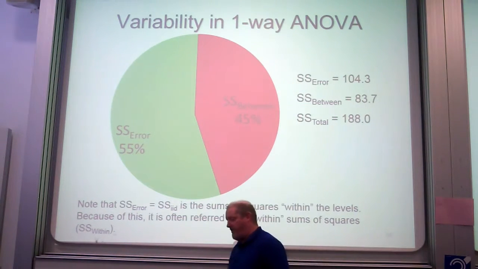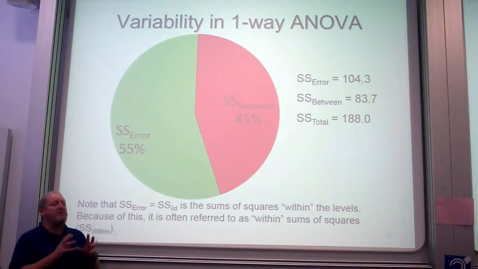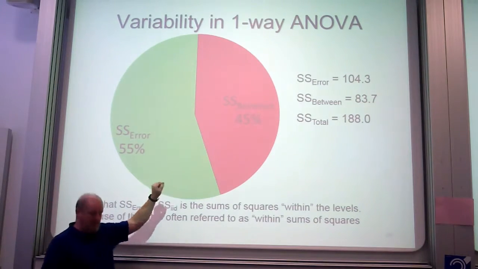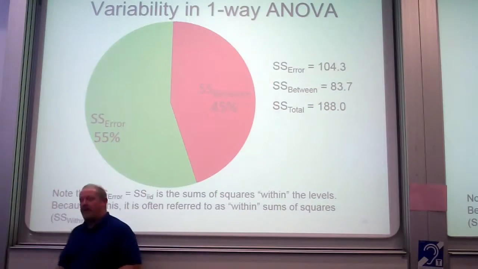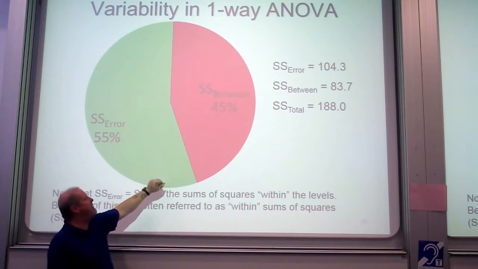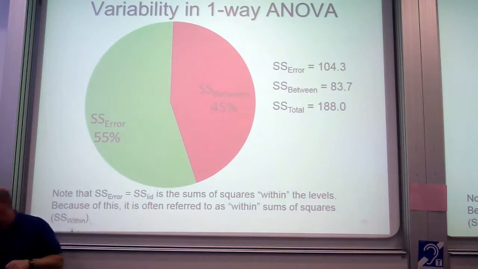If you've got 3 conditions, being in condition 1 or condition 2 or condition 3. So that's our sums of squares between, our direct method. So we've got these 2 sources of variability. And we're just asking with an F ratio how big that red area is compared to the error term.